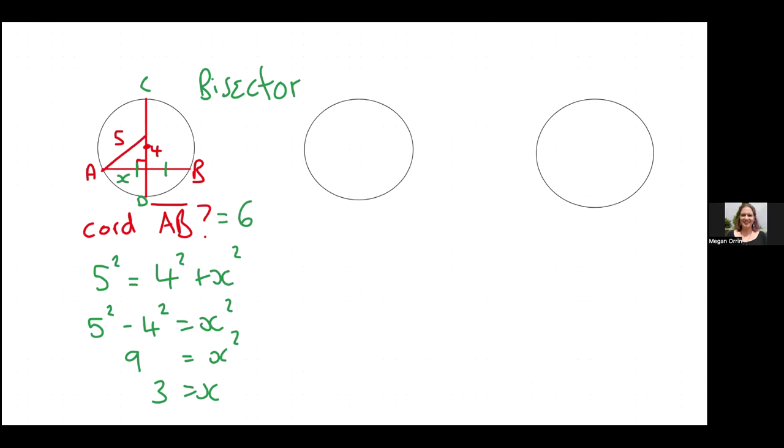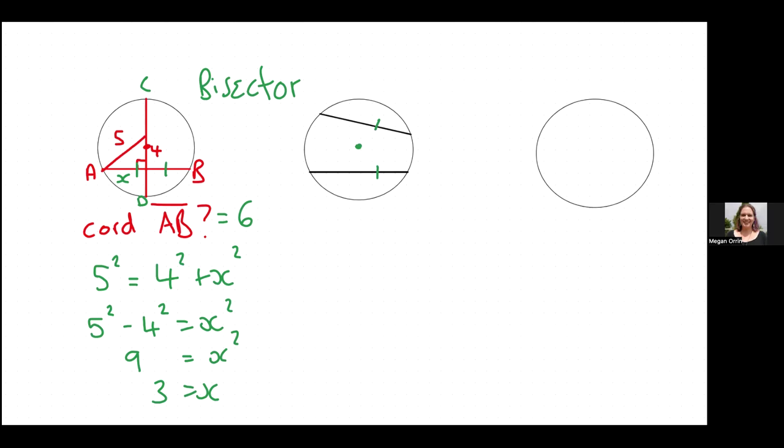All right, let's have a look at something else. If I have, let's get some lines, let's just make it thicker. And again, I'm going to do a line like that. I know I've drawn that pretty dodgily, but I'm going to tell you that these are the same length. So what's the word for these? They're not parallel, they're chords.